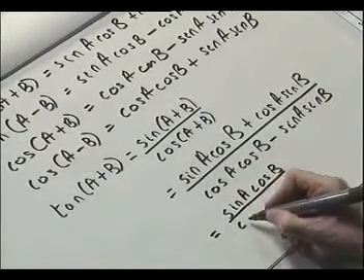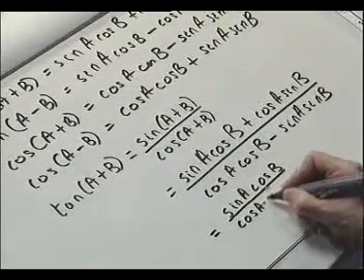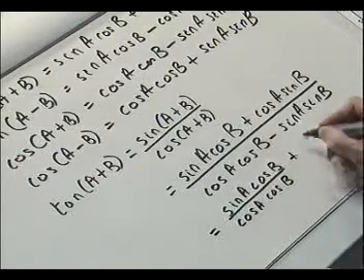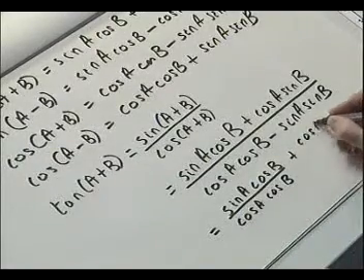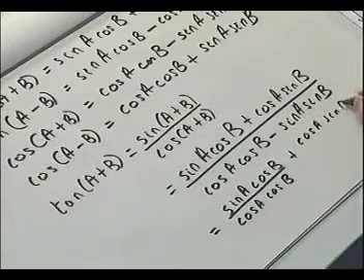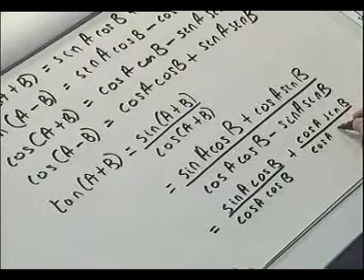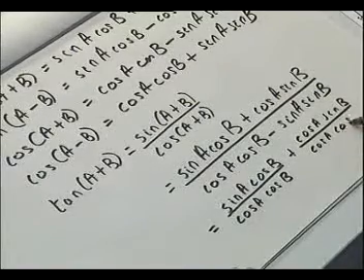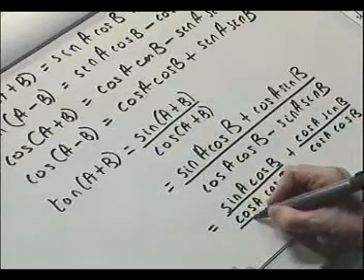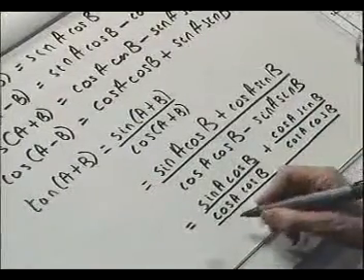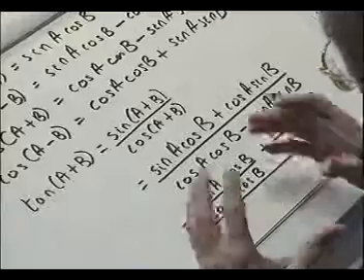So we're going to divide everything by cos A cos B. And I have to divide everything by this because I've got a pair of equal signs here, a balance. So what I do to one side, I must do to the other.